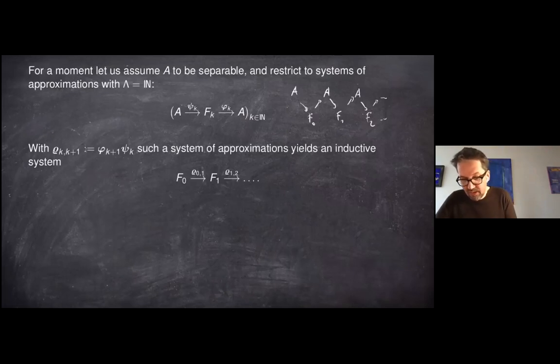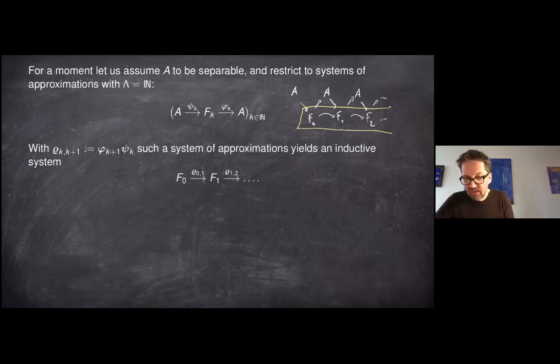Then I can look at the compositions here, and then I get this system here. And this is now a system of finite dimensional C-star algebras and completely positive maps between them. In fact, completely contractive maps in most situations that we'll be interested in.